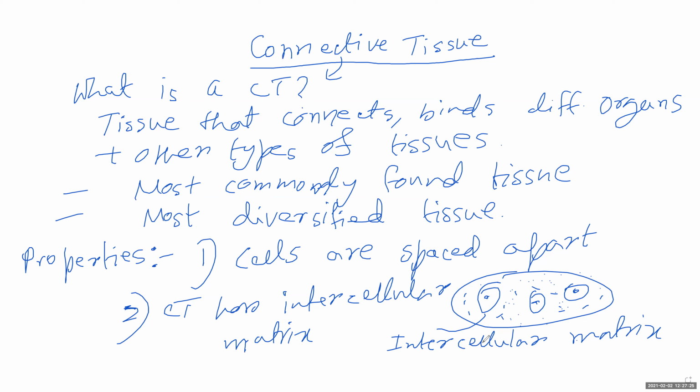This intercellular matrix is made of two components. One is ground substance. The other is interstitial fibers.